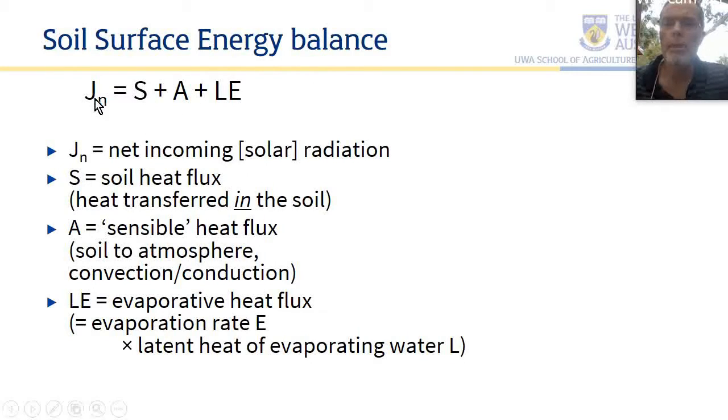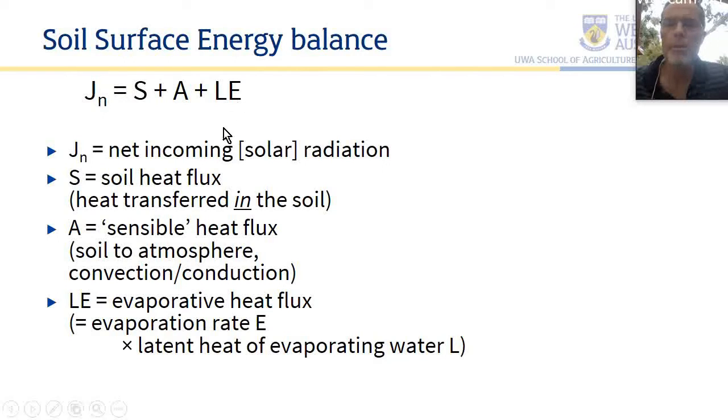So that incoming radiation must be equal to the heat that's transferred within the soil, the heat transferred out of the soil by convection and conduction, so just kind of radiative loss or loss within convecting fluids and so forth.